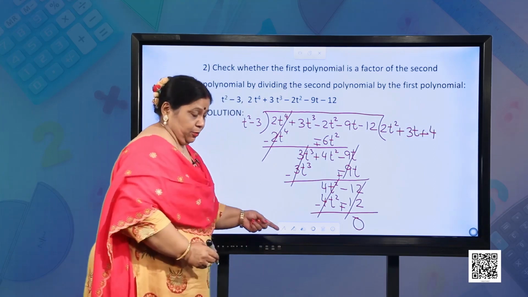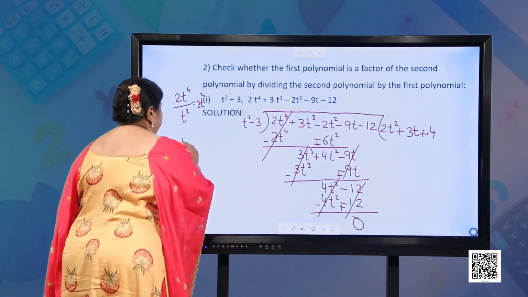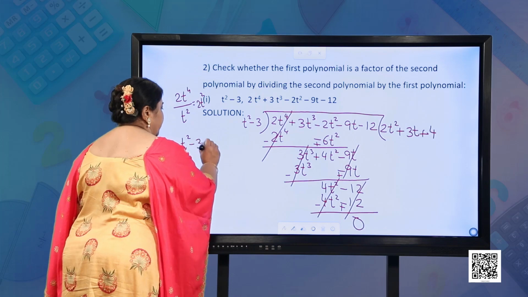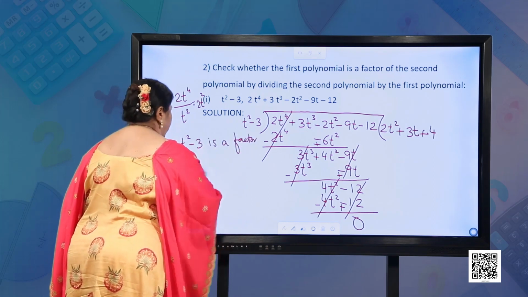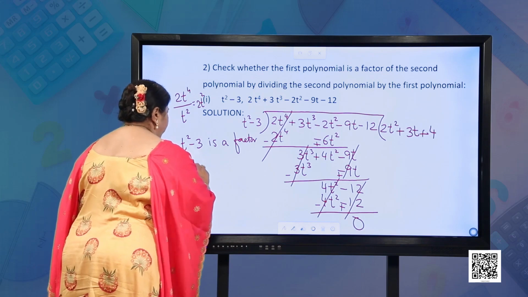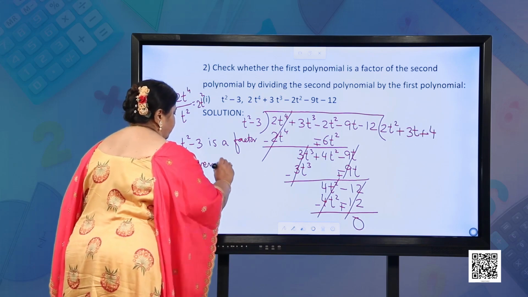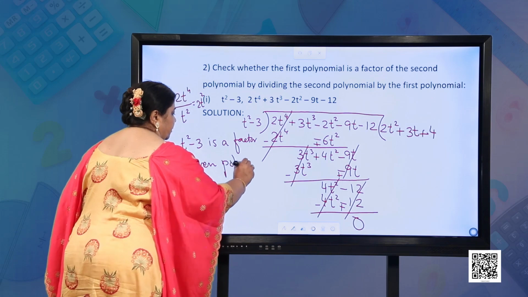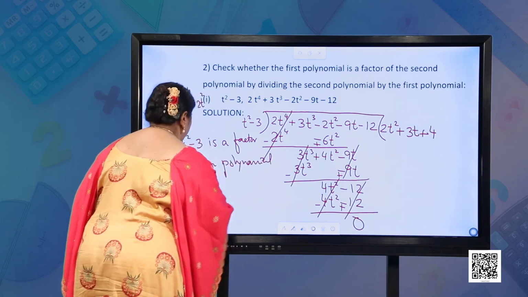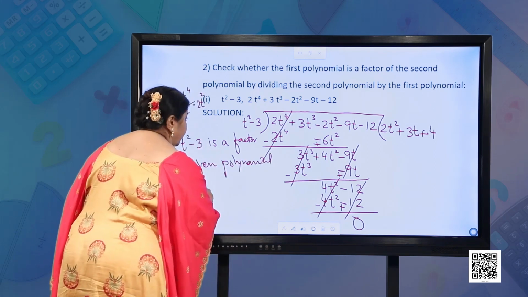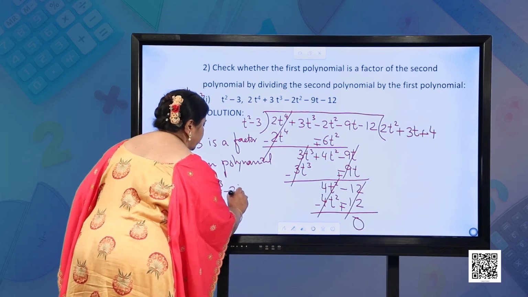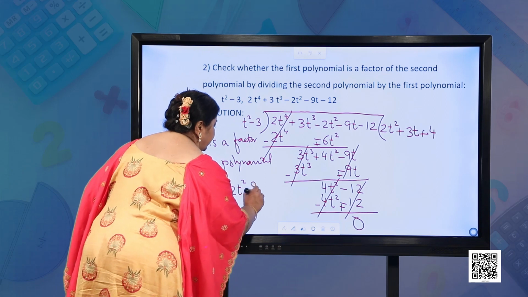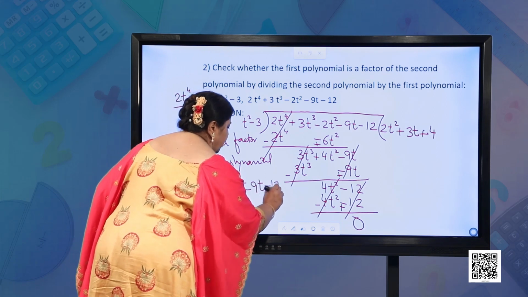As the remainder is 0, I can say t square minus 3 is a factor of given polynomial. What is that? 2t to the power 4 plus 3t cube minus 2t square minus 9t minus 12.